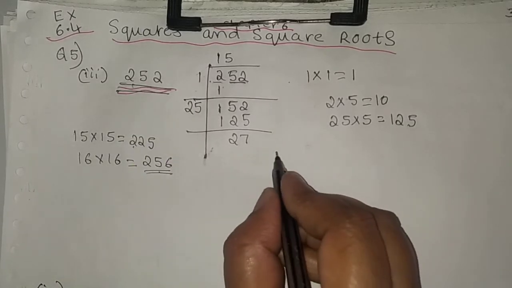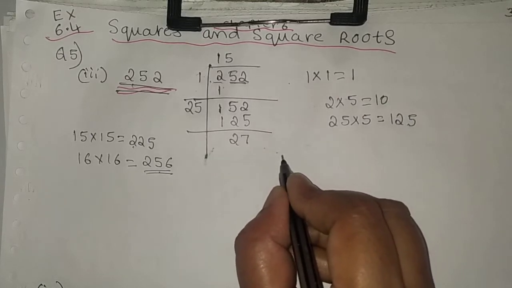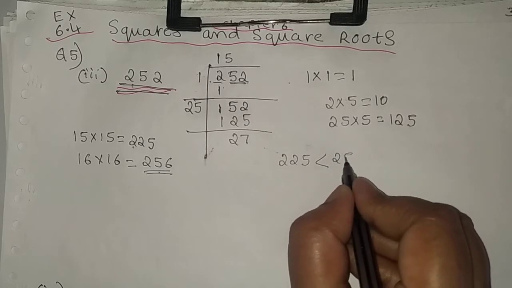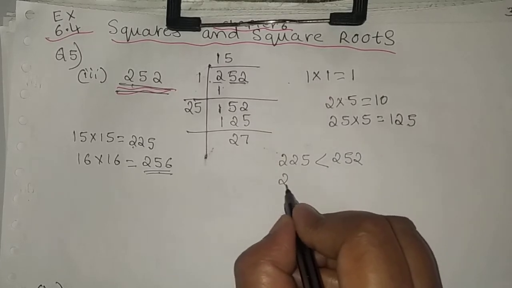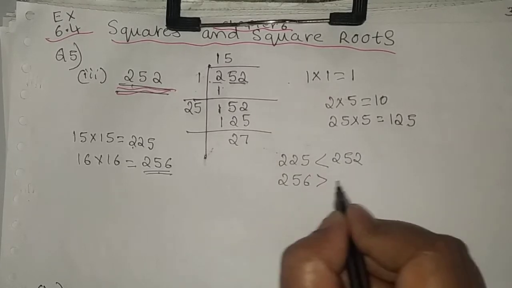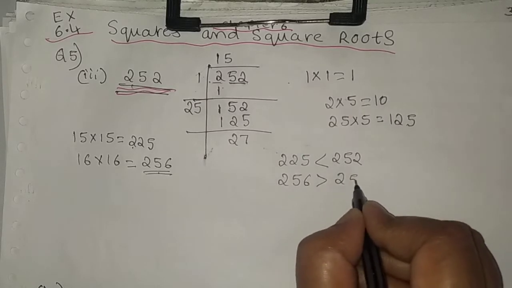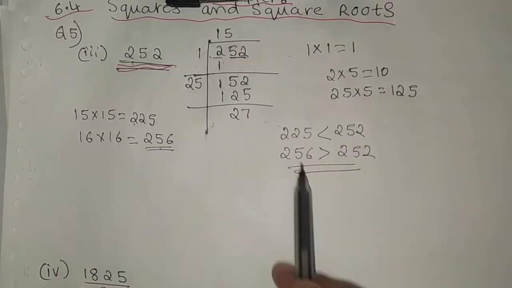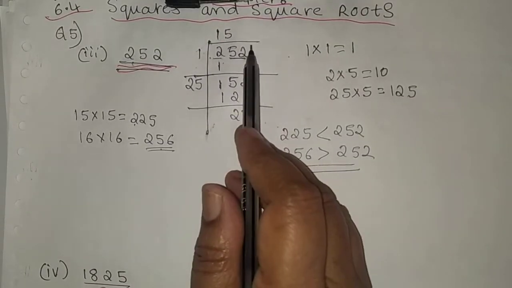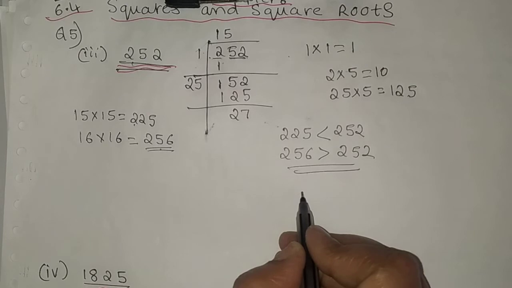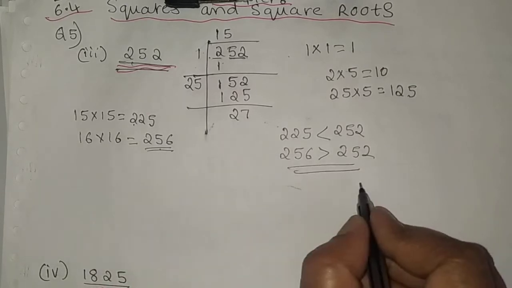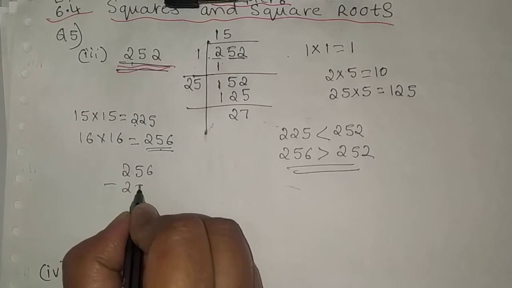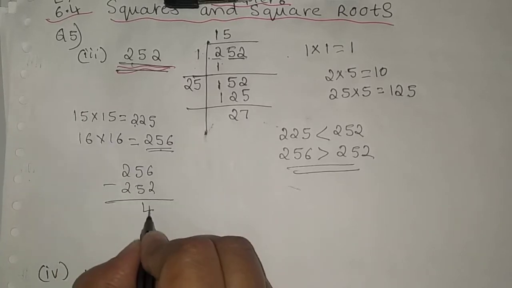See here, first 15 we got 225, so the number in the problem is greater, but now the number we have taken is greater than 252. So this should be the correct procedure. So now instead of 15 we have to take 16. So next step is minus, that is 256 minus 252 will become 4.